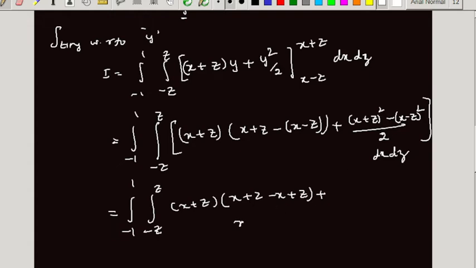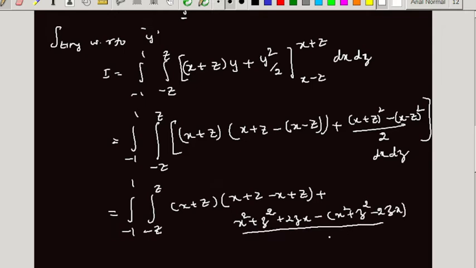We get x square plus z square plus 2 times zx minus x square plus z square minus 2 times zx, whole dividing by 2. So this should be integrated with respect to x and z. Here x gets cancelled, plus x square minus x square get cancelled and z square gets cancelled.